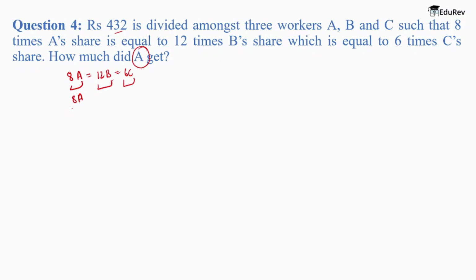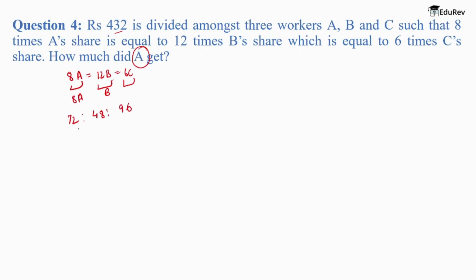So we are left with 12 and 6. So 12 into 6 is 72 is to... We will hide B. So it will be 8 into 6, which is 48 is to... We will hide C. So 12 into 8 is 96.